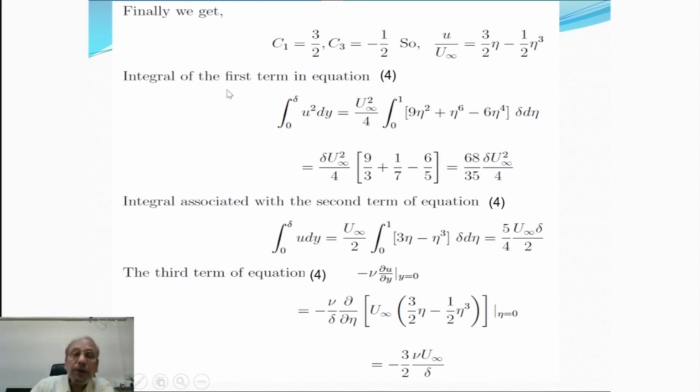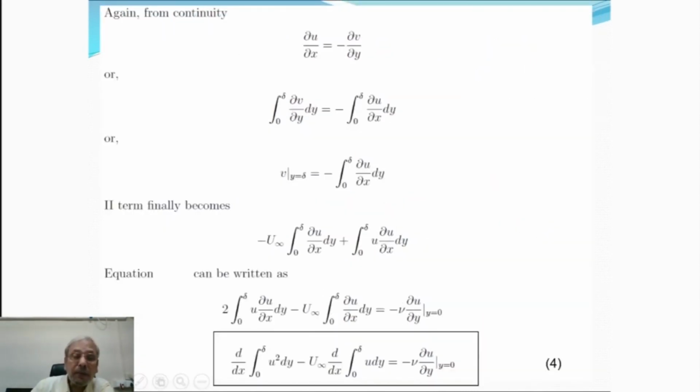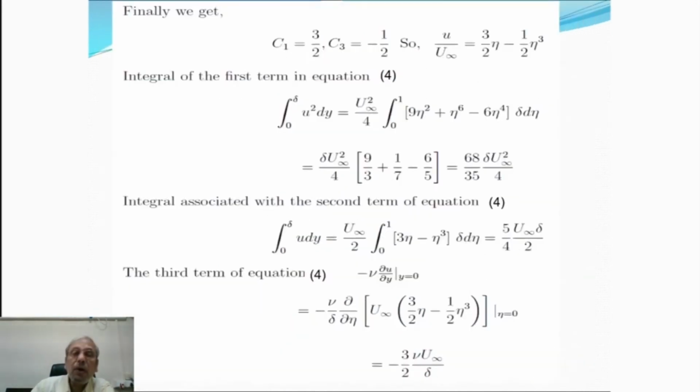Now, if we recall our momentum integral equation, equation 4, u is now very explicitly known, so we can evaluate it term by term. First we evaluate the integral 0 to delta of u square dy. Since u by u infinity is known, we substitute u square and perform the integral. Dy means delta d eta, since y by delta is eta.